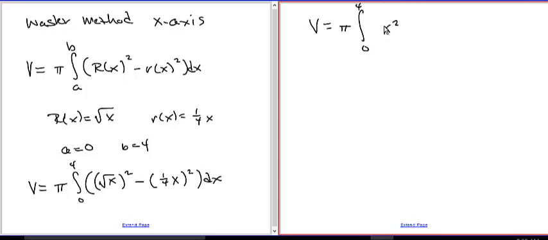So if you square the square root of x, you get x, and if you square 1/4 x, you'll get 1/16 x squared. So you square the fourth and you square the 4, and you multiply by dx, and you solve it. Okay, so I'm sure you guys can do that. Evaluate it between 0 and 4. It's just a simple polynomial integration.